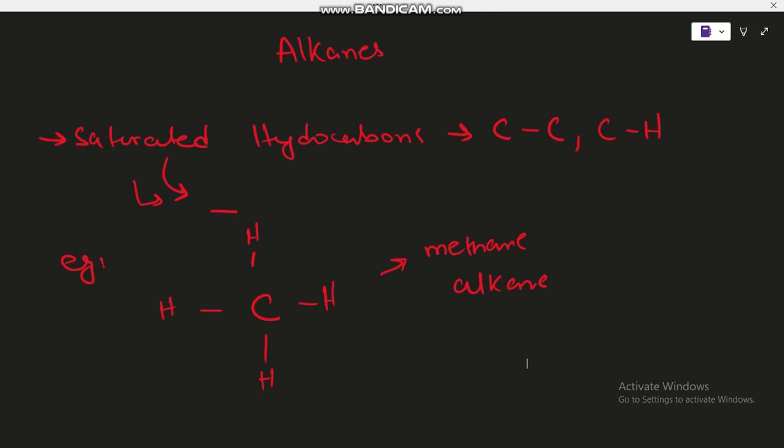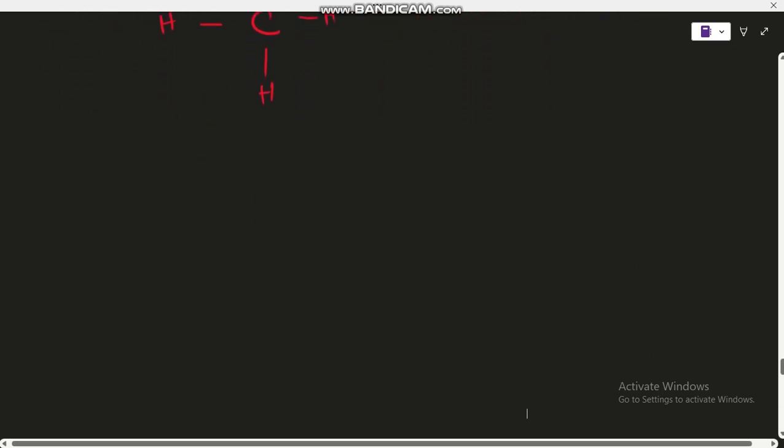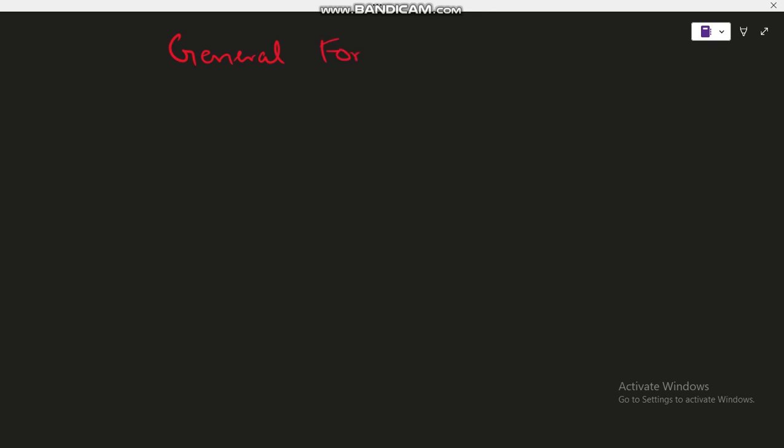Now let's look at something that we discussed back in the homologous series, and that was the general formula. So what does the general formula actually mean? If I write down the general formula for alkene, it's going to look something like this.